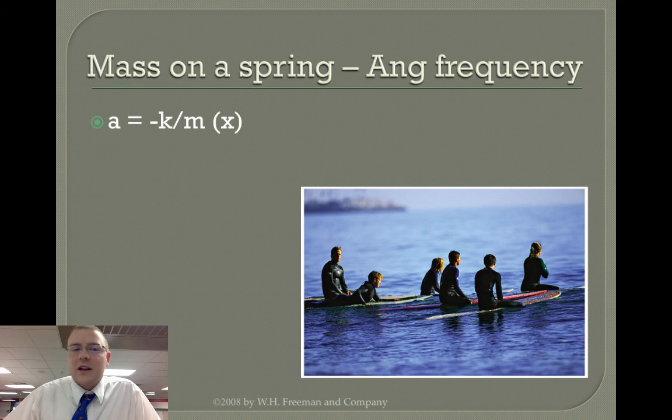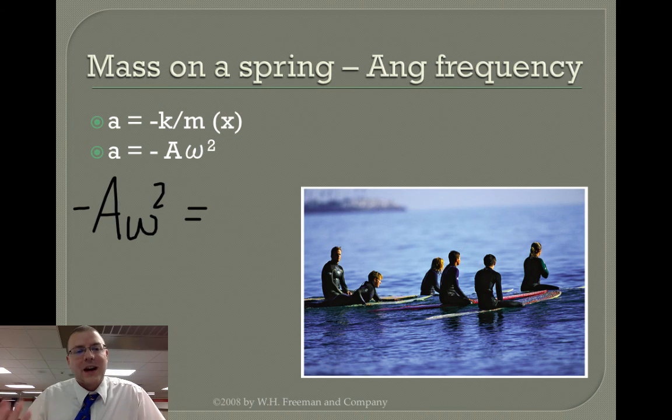Recall from the very beginning that the acceleration of a spring is due to kx over m. And we now know that the maximum acceleration of things in simple harmonic motion is negative A omega squared. So I can put those two equations together. Negative A omega squared is the maximum acceleration you experience in simple harmonic motion, and we know the maximum acceleration is due to negative k over m times our displacement.